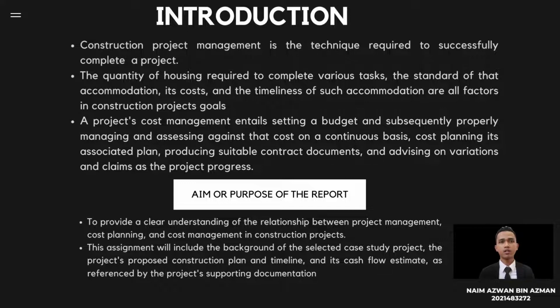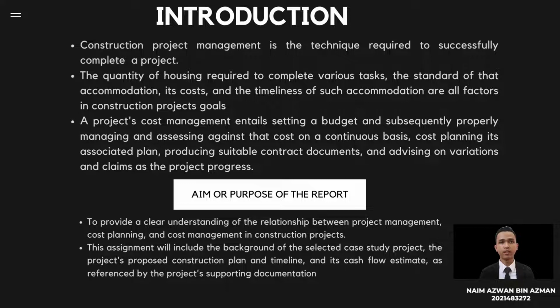Therefore, project cost management entails setting a budget and subsequently properly managing and assessing against that cost on a continuous basis. Cost planning is associated with producing suitable contract documents and advising on variations and claims as the project progresses. Therefore, the purpose of this assignment is to provide a clear understanding of the relationship between project management, cost planning, and cost management in construction projects by reviewing pertinent information from various types of sources and relating it to the topics learned in class.